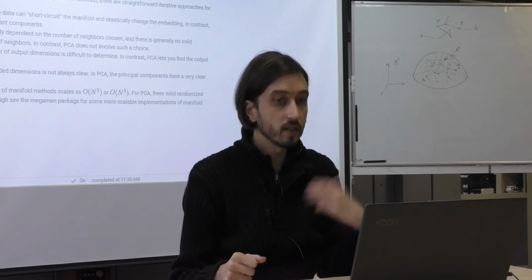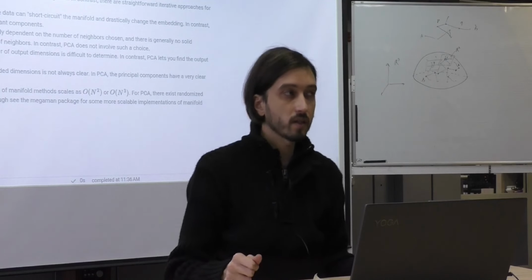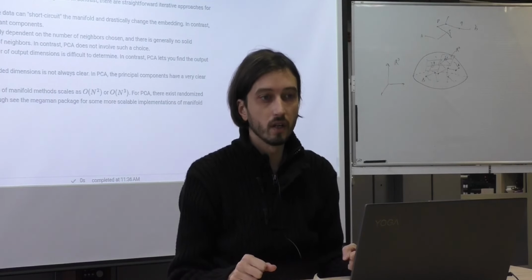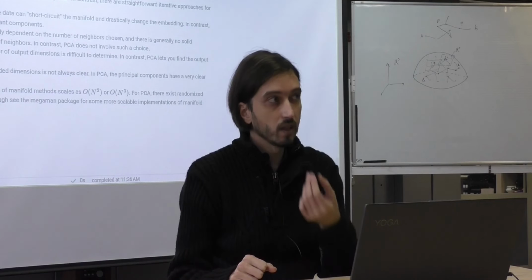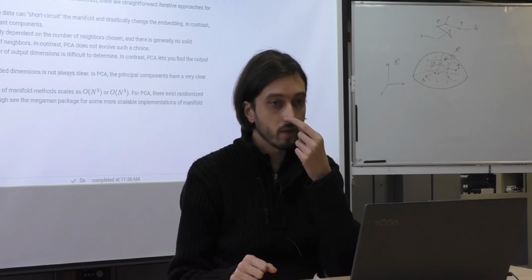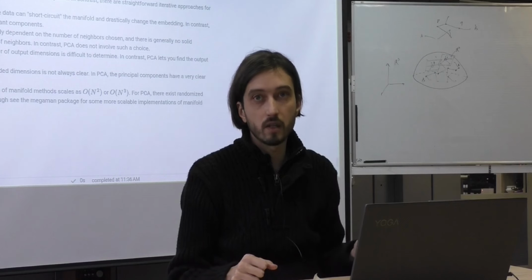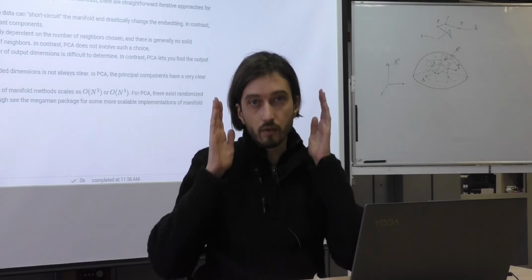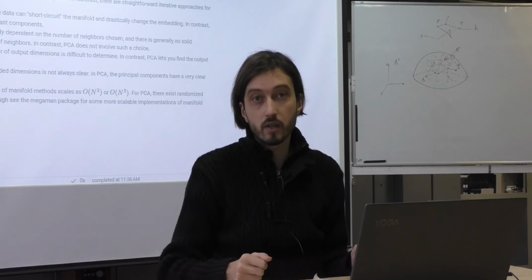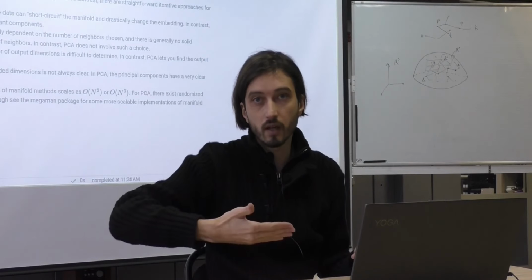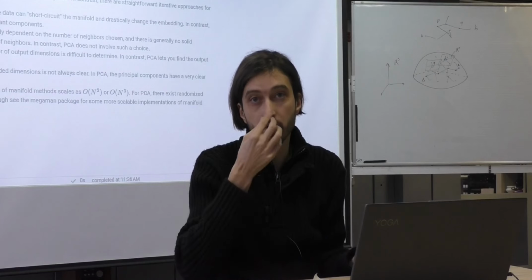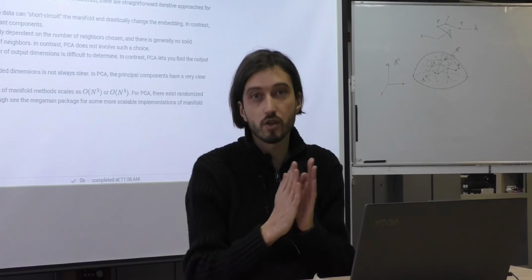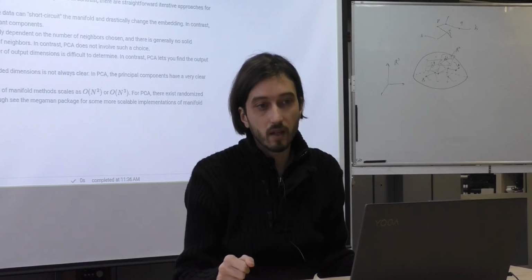But you see that distances between these points are not preserved as we are trying to do in manifold learning. For example, the distance between the tip of the nose and my face may be quite large in 3D space. But when I'm looking straight into the camera, you are seeing just some sort of projection, and the tip of the nose and the rest of the face are basically squashed together.